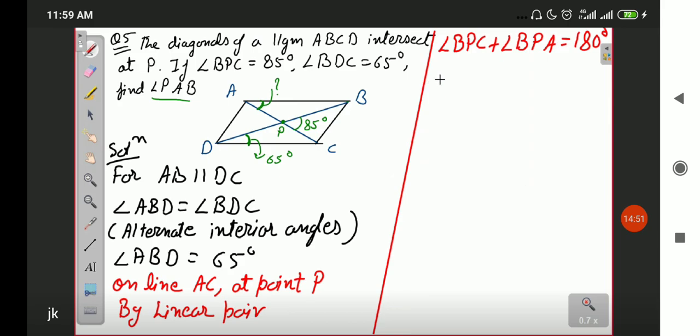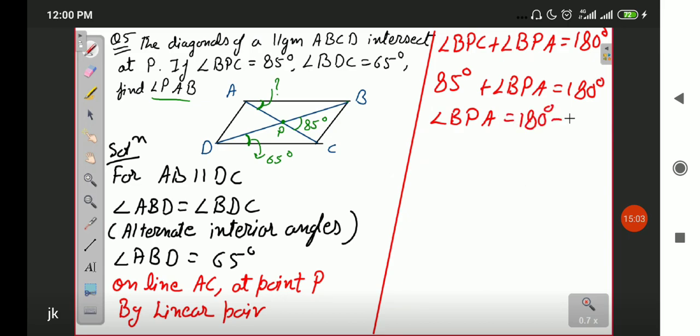We know the value of angle BPC is 85 degrees, plus angle BPA is 180 degrees. So angle BPA is equal to 180 degrees minus 85 degrees, that will be 95 degrees.